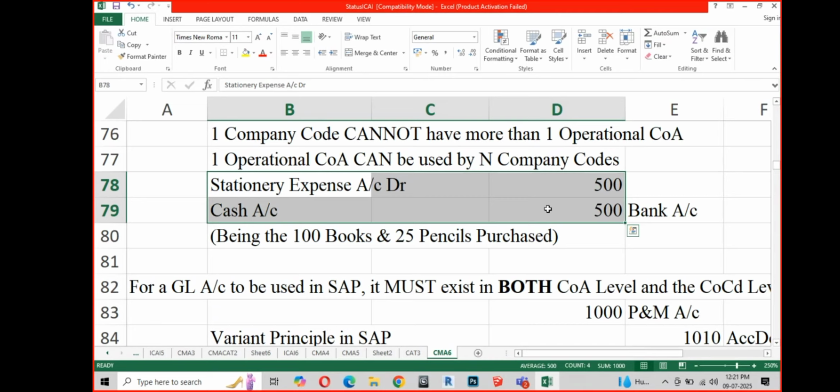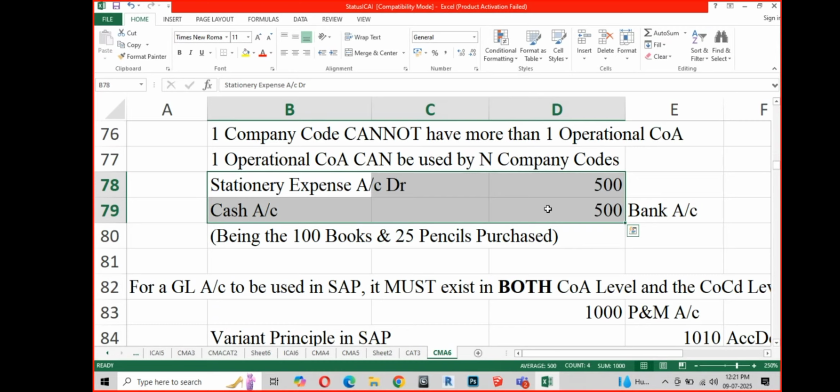Each transaction has a unique number based on what kind of transaction it is. Is it an asset related transaction? Is it a customer invoice? Is it a customer receipt? Is it a customer credit memo? Is it asset depreciation? Is it vendor payment? Is it vendor credit memo? Is it material purchase?